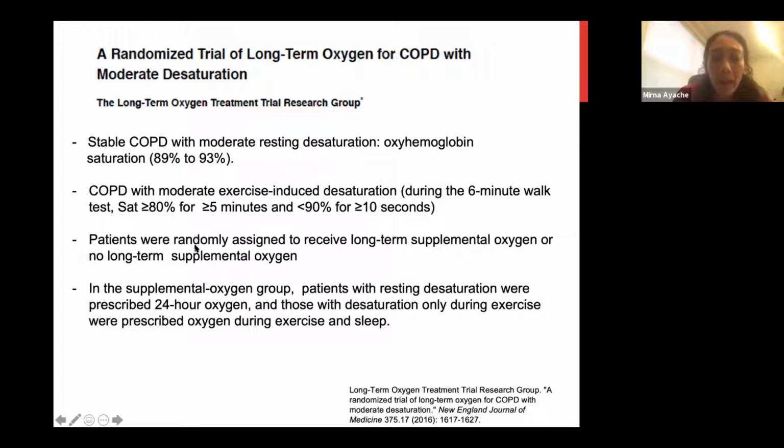And they were randomly assigned to receive long-term oxygen versus no oxygen. You're going to say, why is this relevant to us? We're sleep doctors. Those who desaturated with exertion were given oxygen with exertion, but also with sleep, thinking that if they desaturate with exertion, they probably desaturate with sleep.